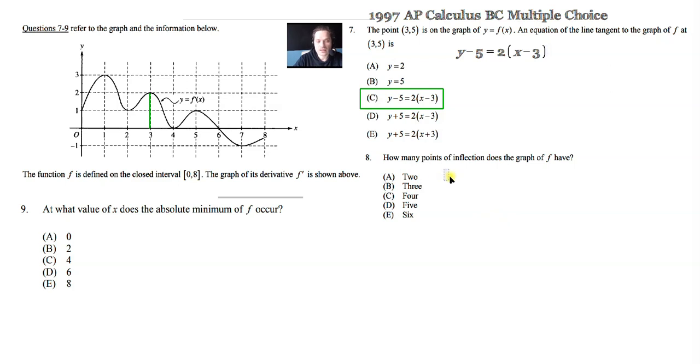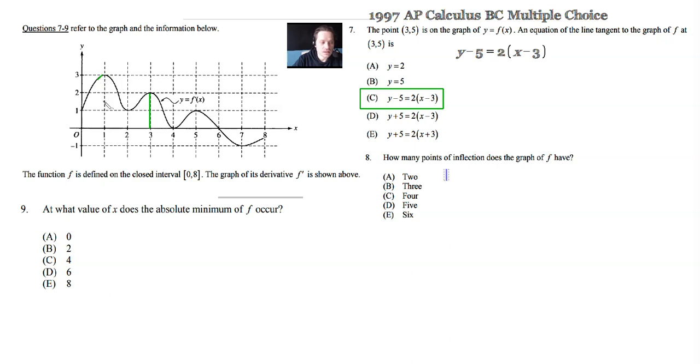For the next part, it says, how many points of inflection does the graph of f have? What happens at points of inflection? The second derivative switches from positive to negative or negative to positive. How does that relate to the first derivative? Look at this peak point on the first derivative. What I'm marking is basically an indication of the second derivative.